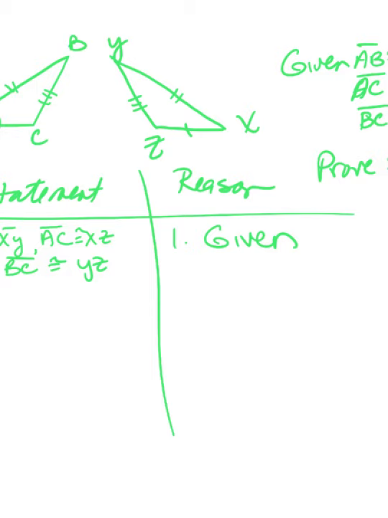We have SSS, right? So I can move in for the kill and prove it. The given kind of gave me everything. This is not a typical proof. Usually you have some steps to go. So I can say that triangle ABC is congruent to triangle XYZ, and the reason is SSS, which is one of the 4 reasons you can use to prove that 2 triangles are congruent.